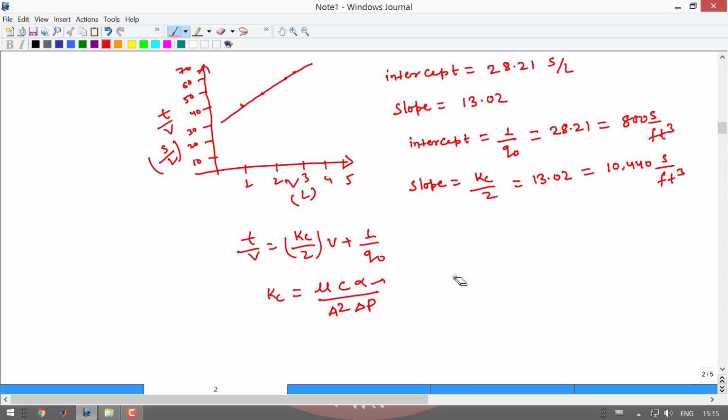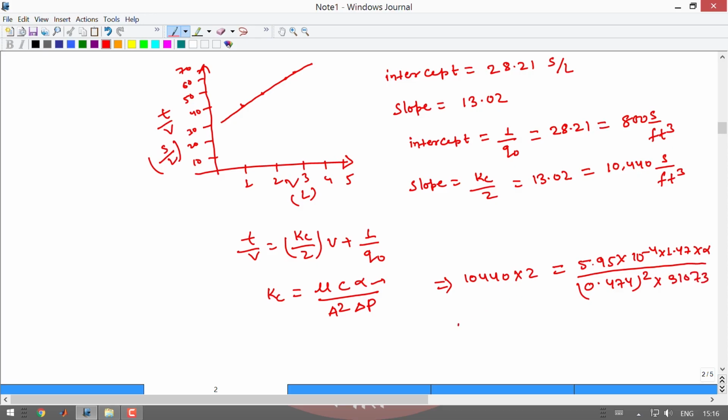Okay, just put the slope Kc by 2 equal to 10440 into 2 equal to 5.95 into 10 power minus 4 into 1.47 into alpha divided by 0.474 area square into pressure drop 31073.